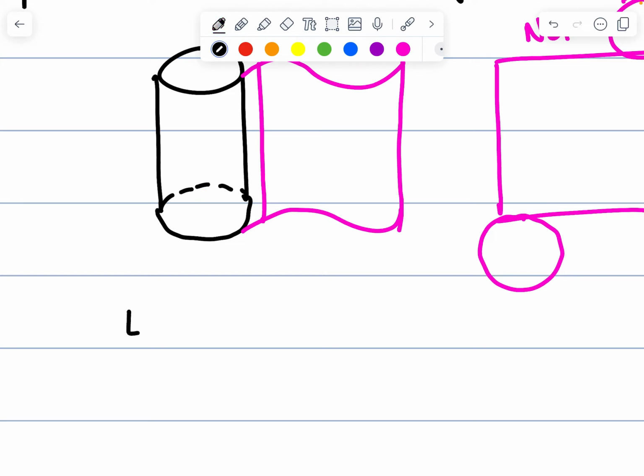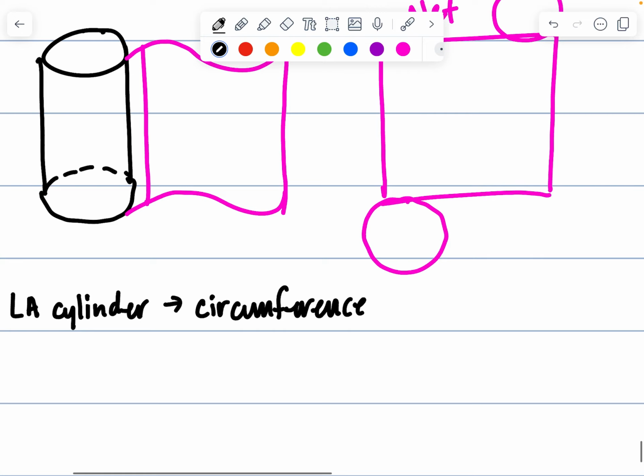So we need the lateral area of a cylinder, which we know involves the circumference. And if you remember the equation for circumference, not the area, it is equal to one of two equations, 2 times pi r or pi times diameter.